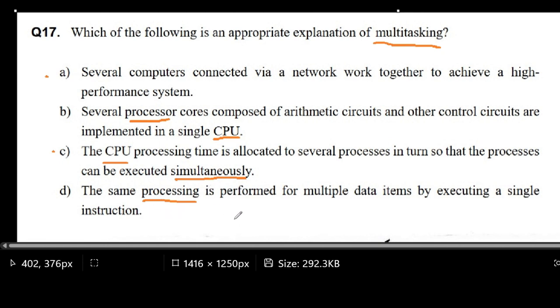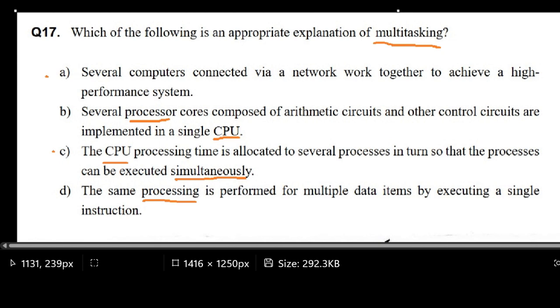I'm thinking that it's going to be multiple processes for each of the data items.